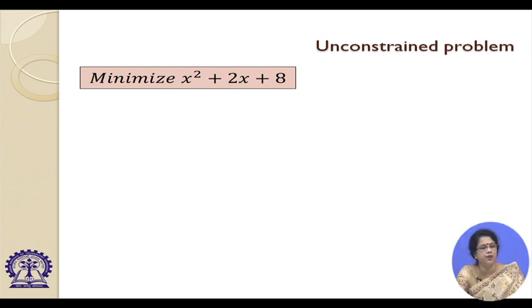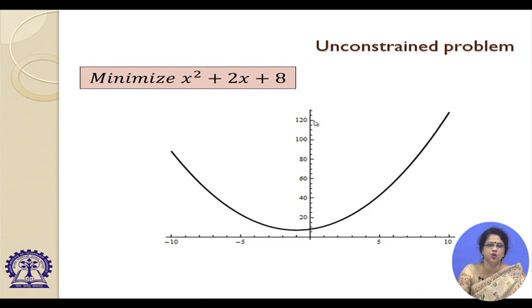Within this domain, within this interval, it is asking where the function has the minimum. You did this in your school time by finding the differentiation of the function, and almost the same thing we will do. You see, I have drawn the function here. Now, where is the minimum?